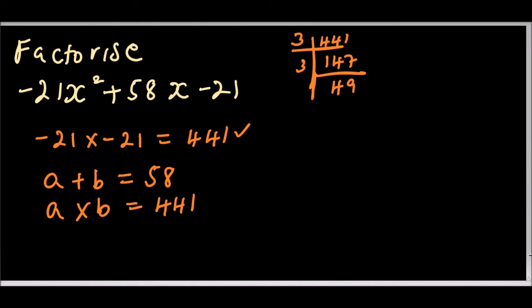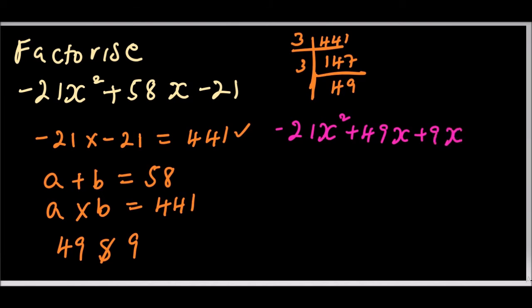So once we take 49 and 9, then you can express your quadratic expression: minus 21x squared, instead of 58, now we say it is plus 49x plus 9x, and then finally we have minus 21.